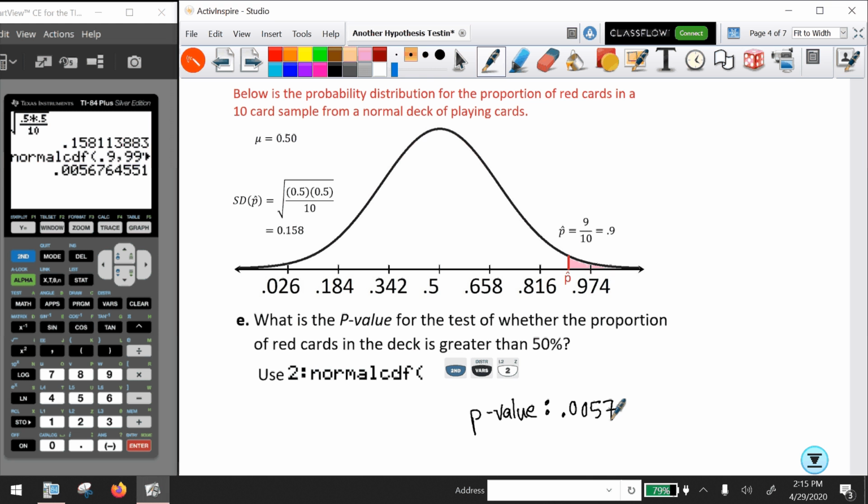Usually people will have hypothesis tests, and if the p-value is less than 5%, that's enough to say that the results are statistically significant and you can reject the null hypothesis. In this case, a p-value of less than 1% is significant evidence to reject the null hypothesis.